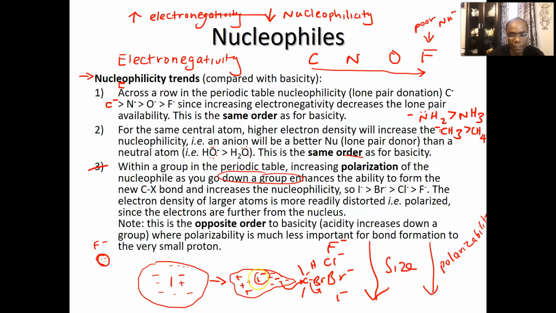So the bigger the anion, the better it can change its conformation, which creates polarization of the charges, which helps it to attack. Okay, but basicity will be opposite. For basicity, F minus will be more basic than I minus, because the electrons are readily available in the small size of the anion compared to where the anion is big and the electrons have much room.